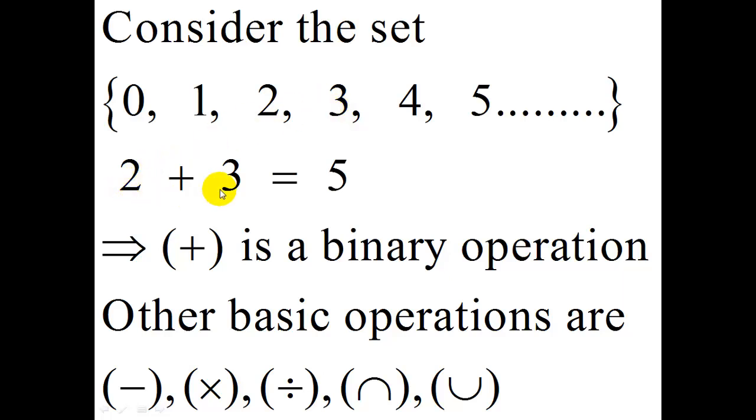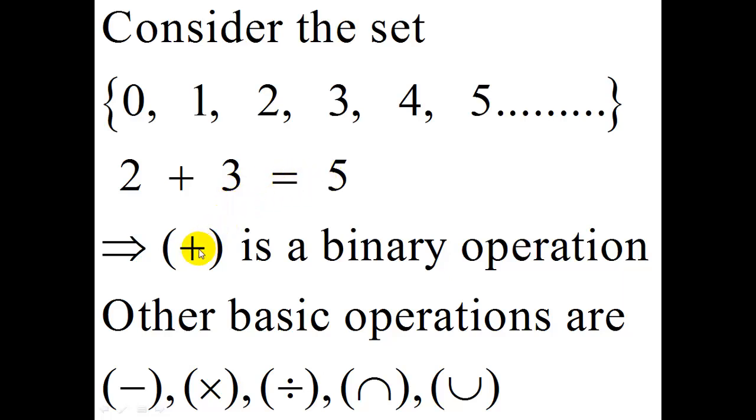Now when we add 2 to 3, that is 2 plus 3, it gives us 5, and 5 is also an element. So we can see that we've added 2 and 3 together, and the result is 5, a single element. So a binary operation is any operation that combines two elements to produce another element.